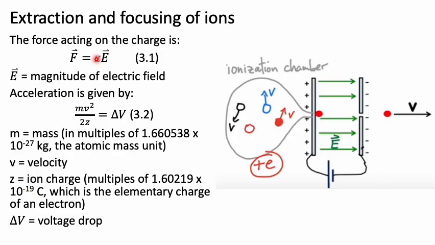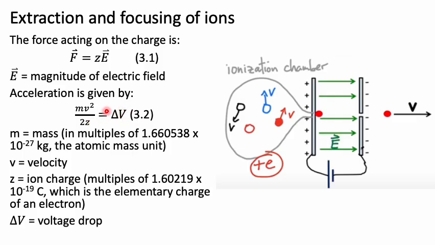So we have our charge times our electric field, and that is the force that's applied, where E is the magnitude of the electric field, and this is a vector. The acceleration is given by the mass times the velocity squared over 2 times the ionic charge, and that is equal to the voltage difference.